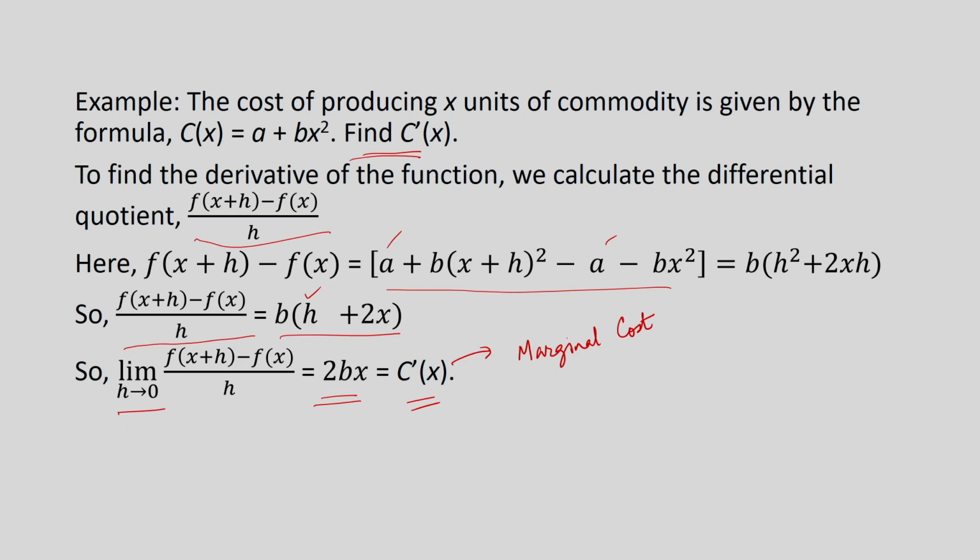Derivative is the rate of change of the dependent variable. So, here marginal cost is the rate at which the cost is changing with respect to change in the output level, because here the independent variable is the output. So, this is the rate of change of the cost function with respect to change in the output level.